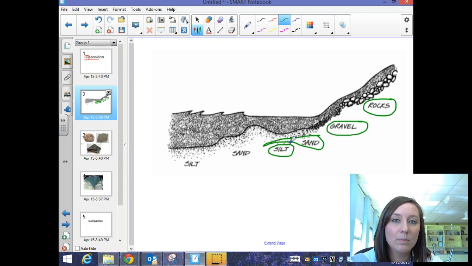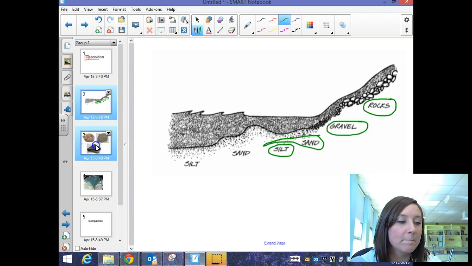So why this is important, the whole reason why we study rocks and we even care about rocks, is because they are making up Earth. And rocks can really give us huge clues into what environments were like in the past. We want to study those past environments because they could give us clues to what our environment could eventually change back into.